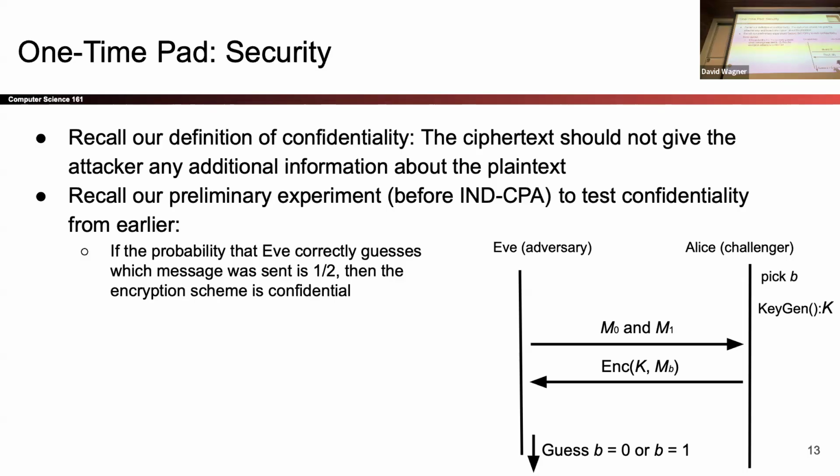Yeah, so if we observe a 0 ciphertext, that could be a 0 message if the key was 0, or it could be a 1 message if the key was 1. Both keys are equally likely. So if you observe a 0 ciphertext, both messages are equally likely. So Eve can't actually guess better than 50-50 which of the two messages was encrypted. She can't do better than 50-50 for a 1-bit message.